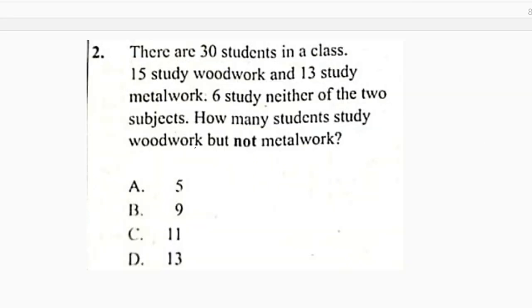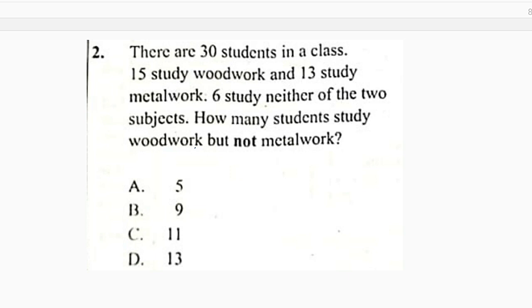All right, here is question number 2. The question reads, there are 30 students in a class. 15 of them study woodwork and 13 of them studied metalwork. 6 out of these 30 students studied neither of the 2 subjects. We are asked to find the number of students that studied woodwork but not metalwork.